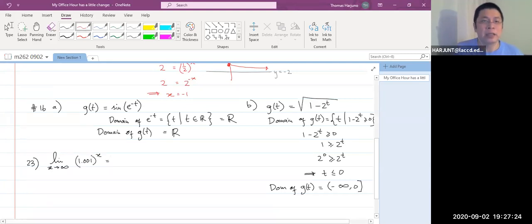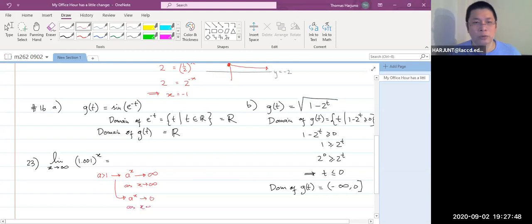Because the base is greater than 1, then a to the x will go to infinity as x goes to infinity, right? And a to the x goes to 0, not negative infinity, as x goes to negative infinity.